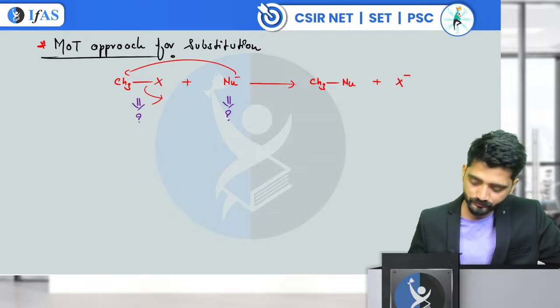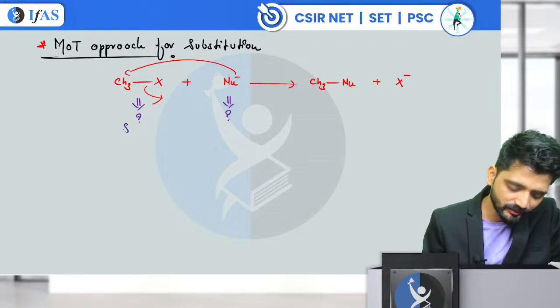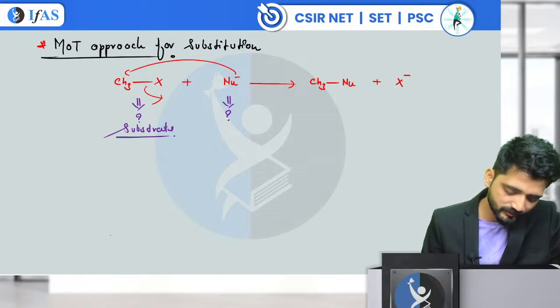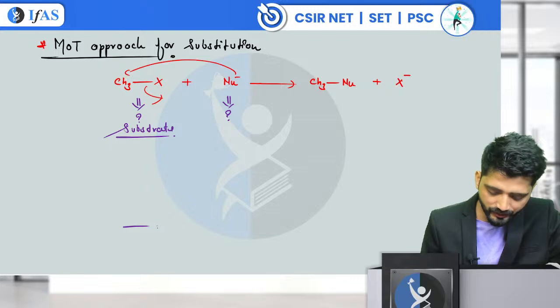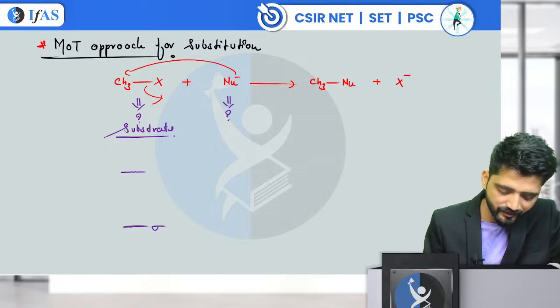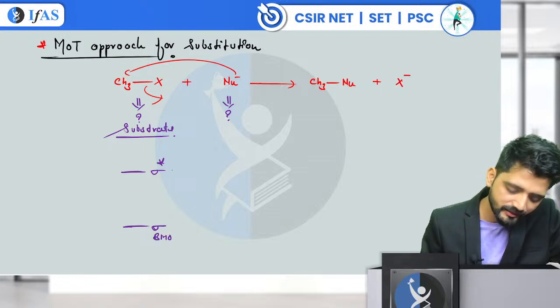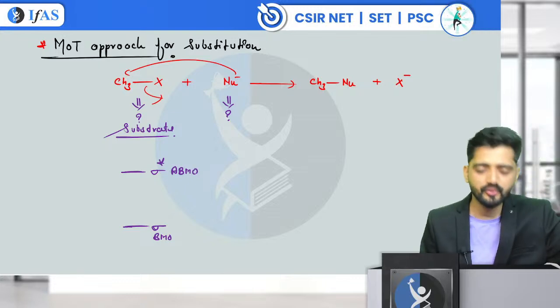Very good. See, if we look at the substrate side, we have a sigma bond here, and we must have a sigma star orbital here. Sigma will be your bonding molecular orbital, and this is going to be your anti-bonding molecular orbital. How has it been formed?